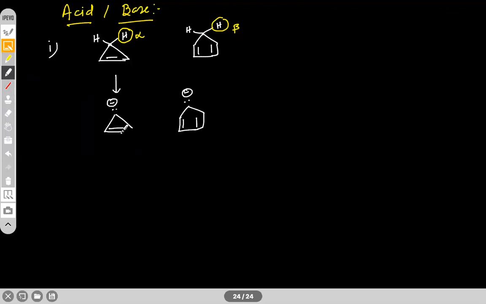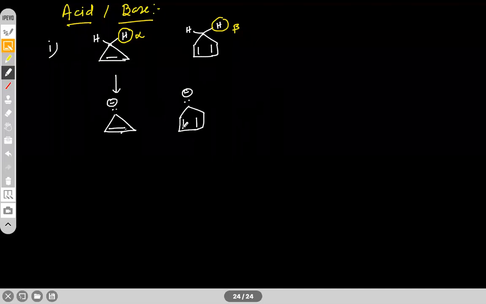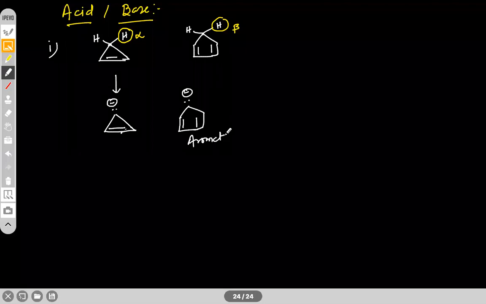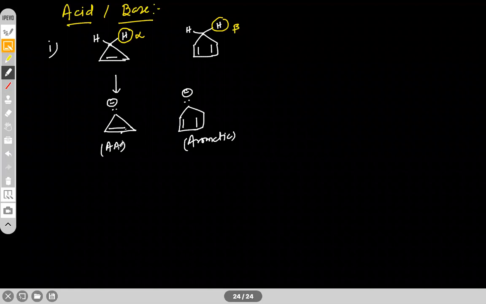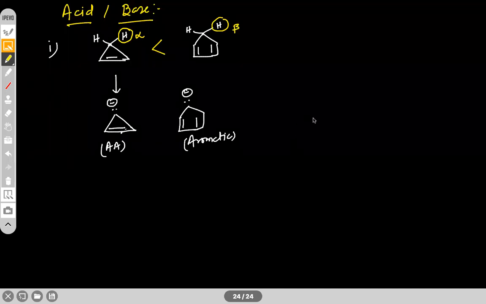That is a carbanion, negative charge. We can easily compare the stability with all those effects. This compound is aromatic, you see. This compound is anti-aromatic, right? So stability order is this is more stable, and hence the acidity order is this. Is it clear? Easy?